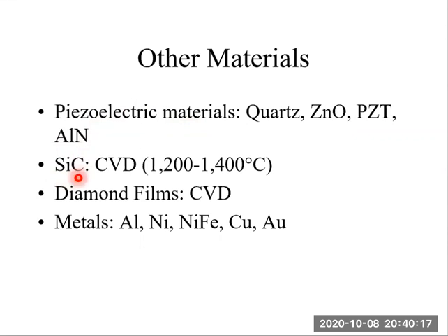Silicon carbide, which is prepared using CVD method at very high temperature. Diamond films, which are also prepared using CVD method. And the metals, all kinds of metals, such as aluminum, nickel, and this is a nickel iron alloy. We typically call this permalloy if the ratio is 80 to 20. Copper, gold, platinum, so all kinds of metals.